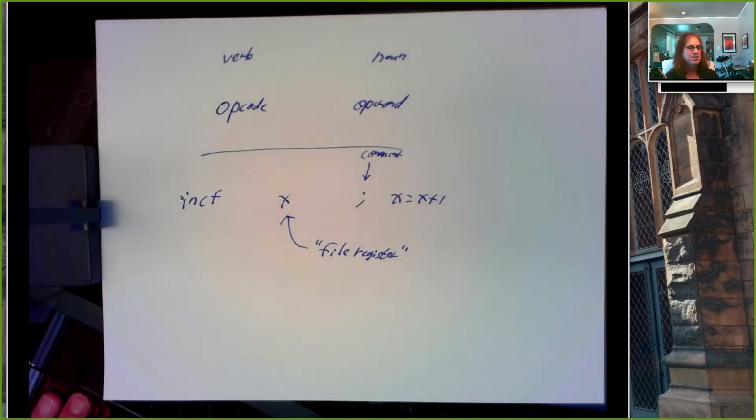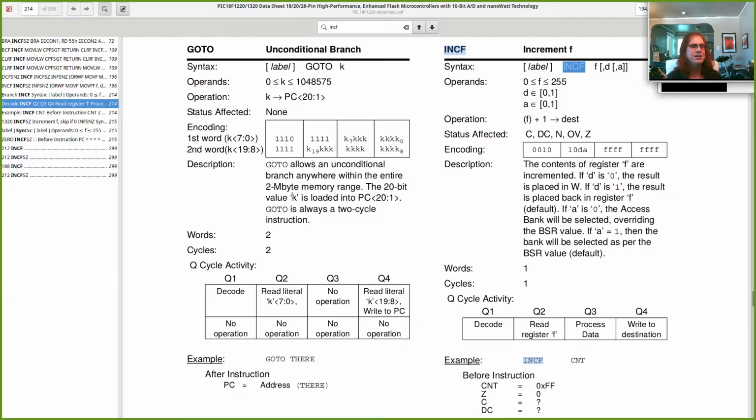All right, so this is an example of an assembly language instruction. And this would get translated into some pattern of ones and zeros. So the 16-bit pattern corresponding to increment file register X, for example, would be a 0010 followed by a 10, and then two other bits labeled D and A, which we have to talk about, and then 8 bits labeled F. Okay, these 8 bits specify which of those 256 data registers you want to increment.